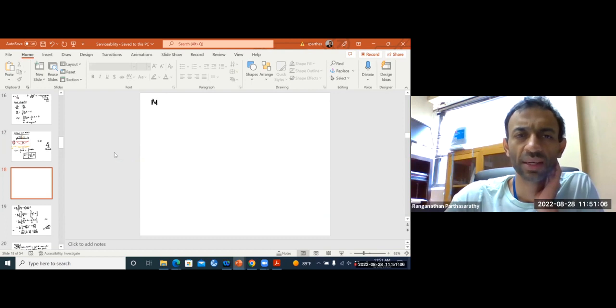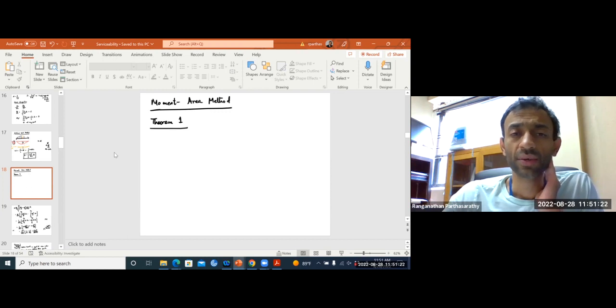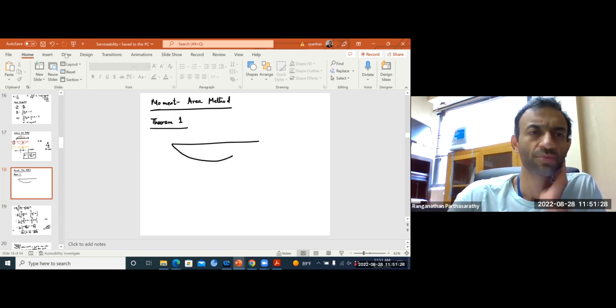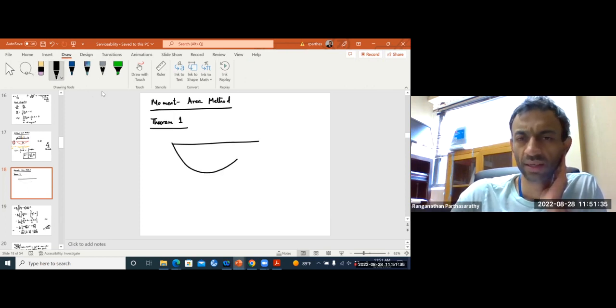And let's see moment area method. This is also very useful. Theorem 1. Let's say you have any beam and you know its bending moment diagram. I'm just drawing a very rough bending moment diagram, something.